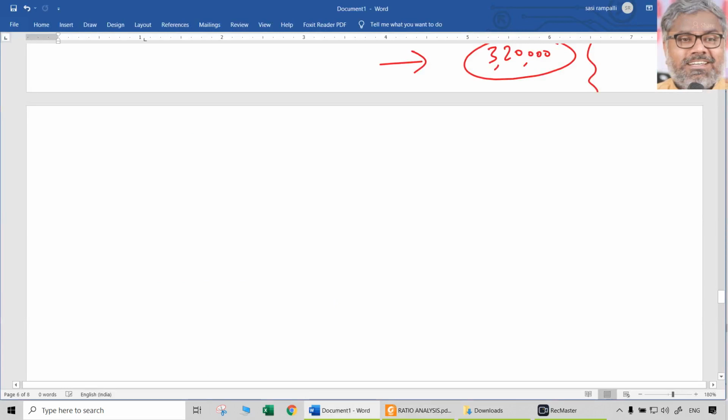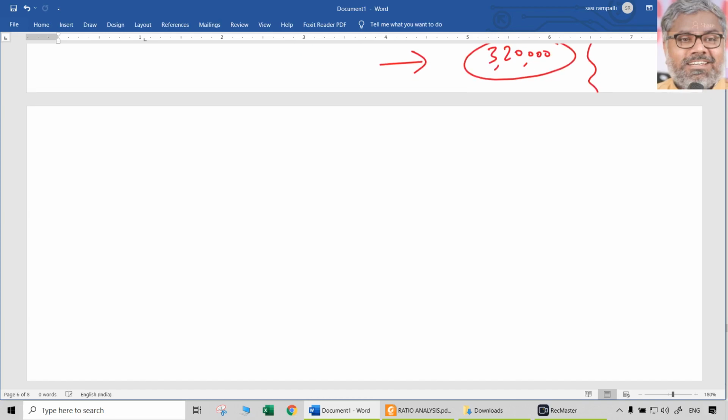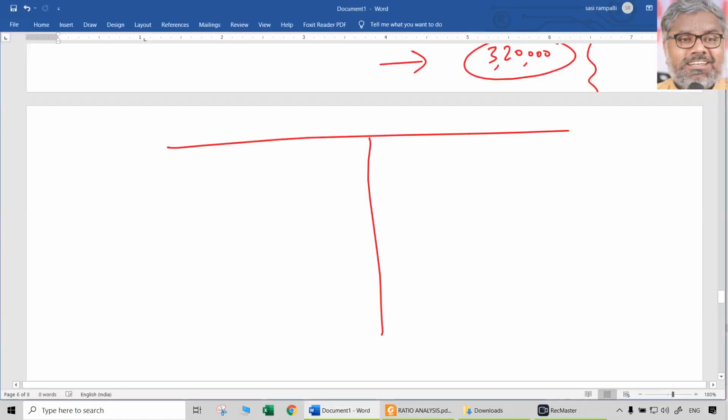So after leaving some space for workings, in these types of questions, whether the balance sheet format is given or not given, it is better to start your answer with the balance sheet format, and whenever you know the data, you just fill it up.